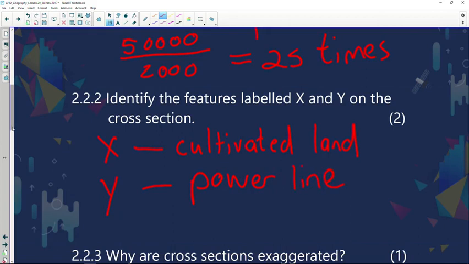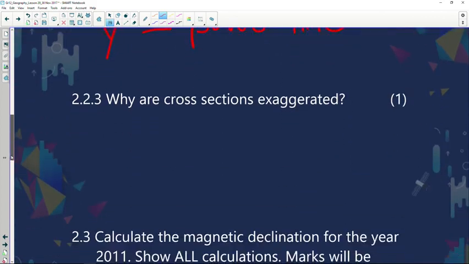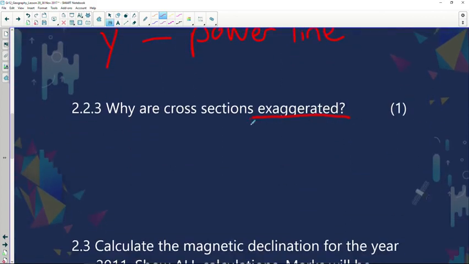Now the next question, why do we use vertical exaggeration and why are cross sections exaggerated? Because it shows us the difference in height.